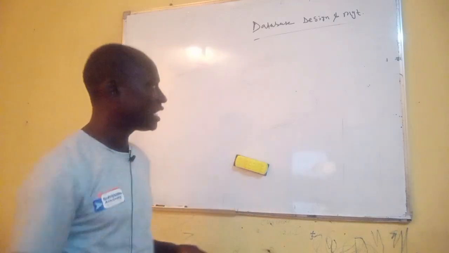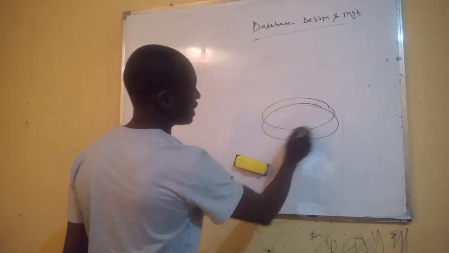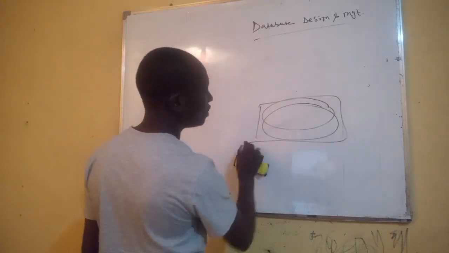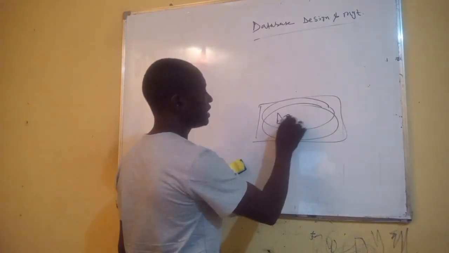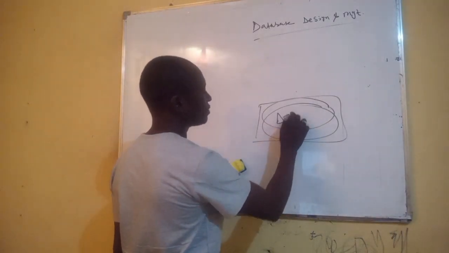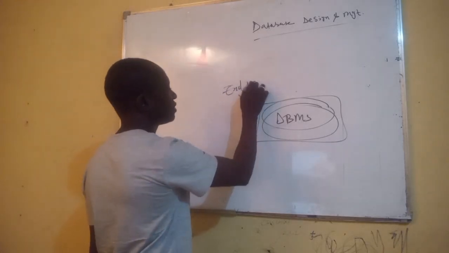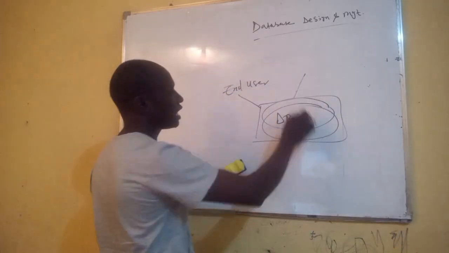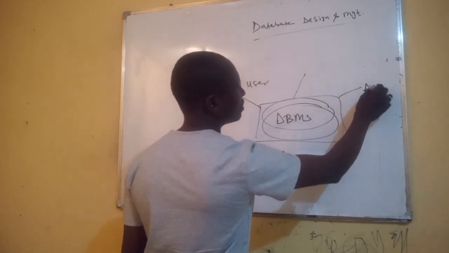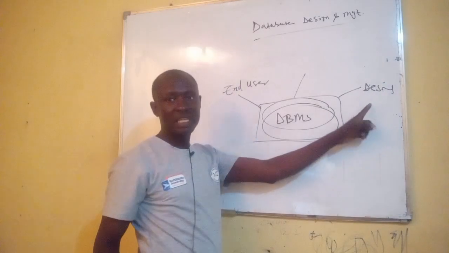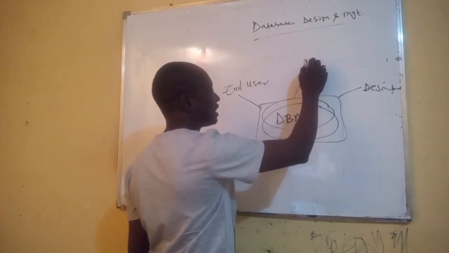If you can see here, we have this as a database, managed by a database management system. We can have our end user here, we can have our client here or the designer. We have the designers here and we have the administrators here.